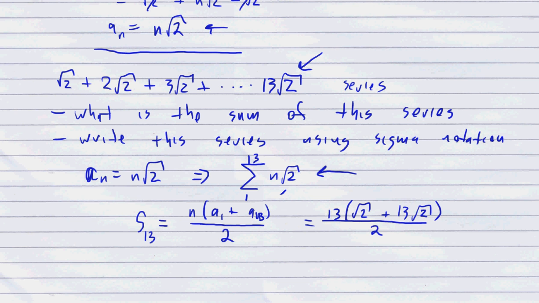Rad 2 plus 13 rad 2 is 14 rad 2. So that's equal to 13 times 14 times rad 2, all divided by 2.